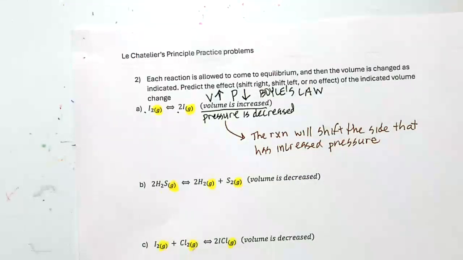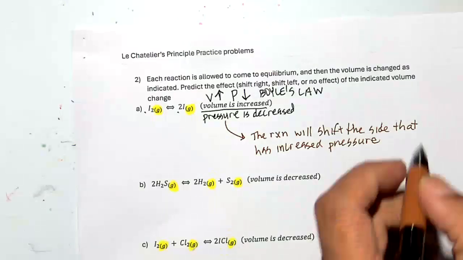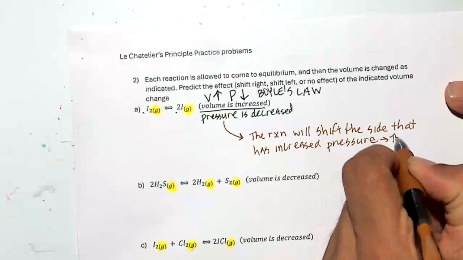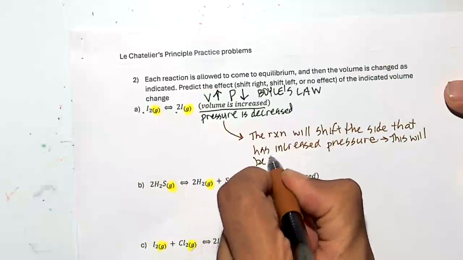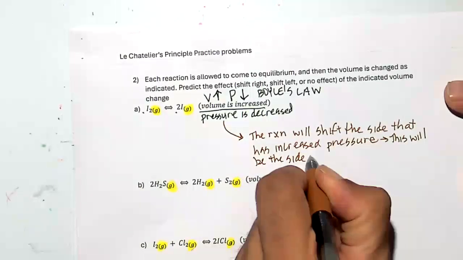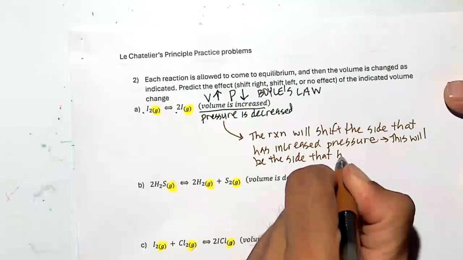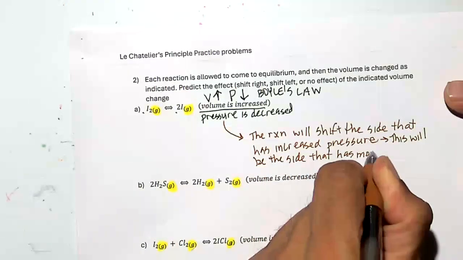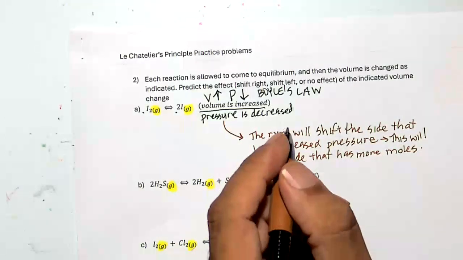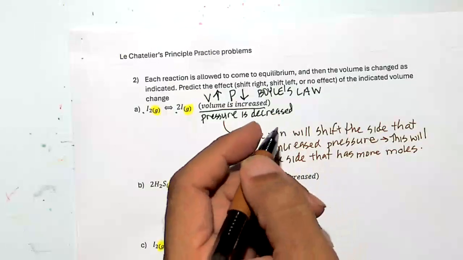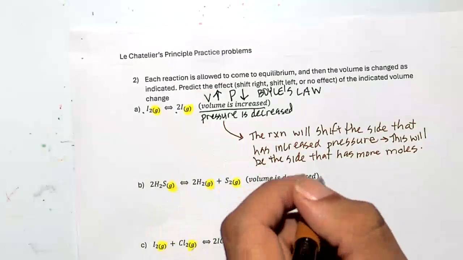The side with more moles or the side with fewer moles? More moles is correct. So in this particular case, this reaction will shift to the right.